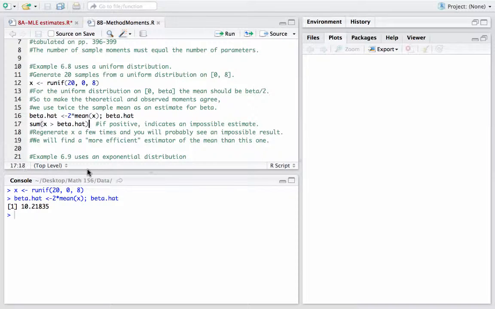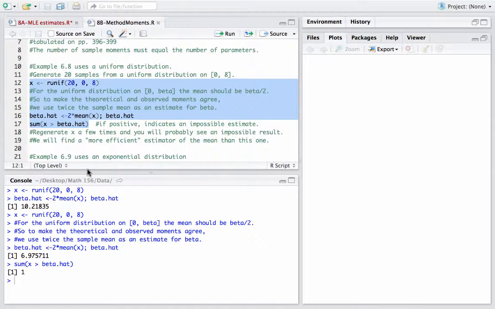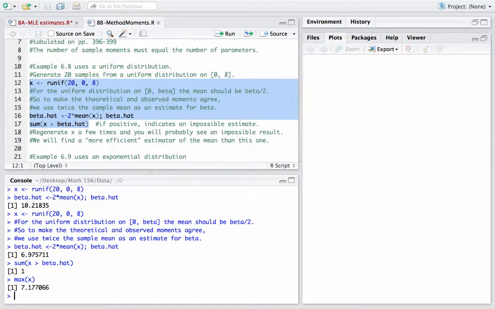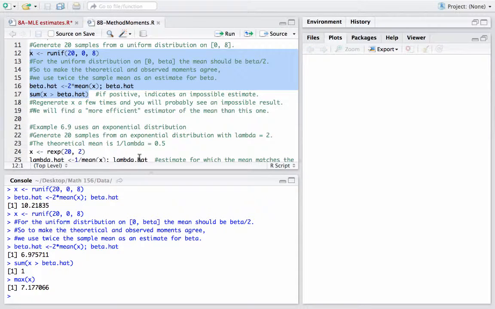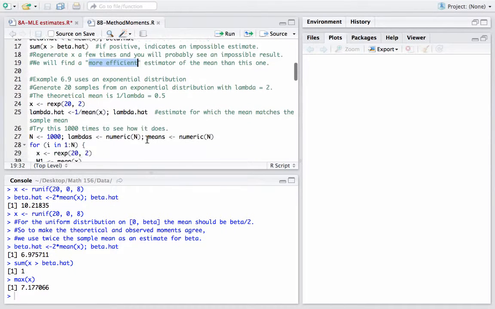So if we run this code a couple times, eventually we'll get at least one estimate greater than our beta hat. Yep, there it is. So what is max x? 7.177, and yet our beta hat was 6.9, and so we have a problem. So this is basically an inefficient estimator.